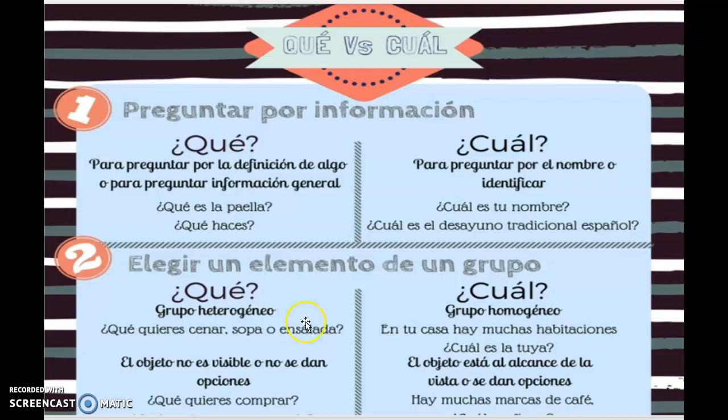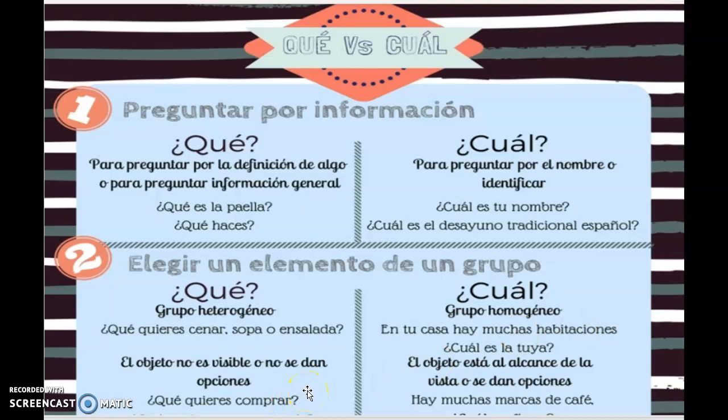However, whenever we use cuál, we're talking about something in the same line, like ¿cuál pizza prefieres? So I know that you want pizza, but I'm asking, do you want the meat lovers pizza? Do you want the Hawaiian pizza? I do have an idea. I just need you to confirm in that category what you're going to choose.